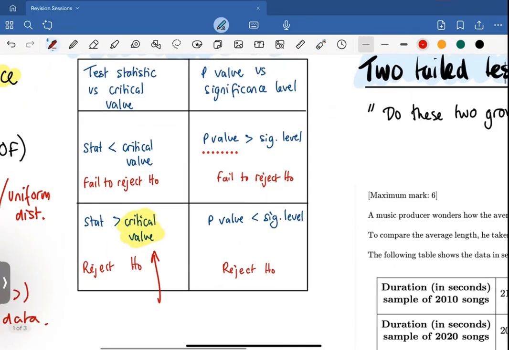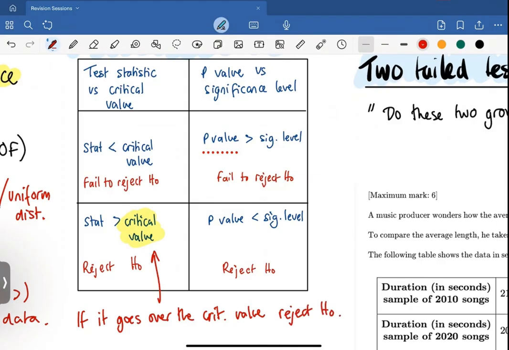If it goes over, then I can say, oh no, it's gone over the critical value, therefore we have to reject our null hypothesis. So if it goes over the critical value, then we can reject H0.